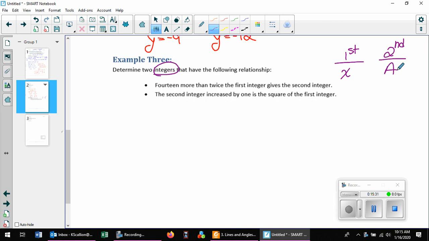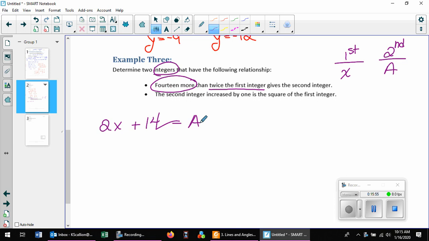14 more than twice the first integer. So let's start here. Twice the first integer, what does that look like? 2x. And then I'm going to go back and do the 14 more. Plus 14 gives the second integer, so equals a.